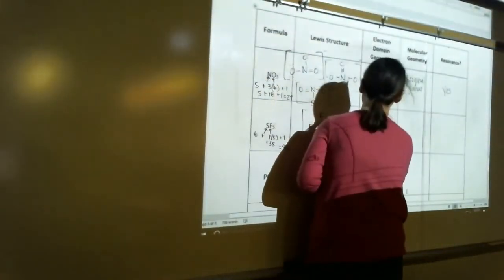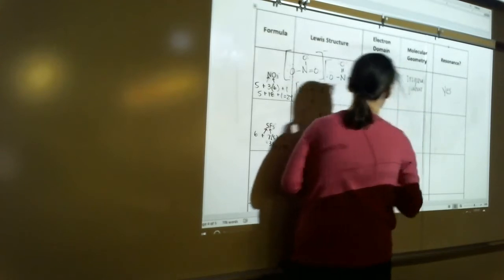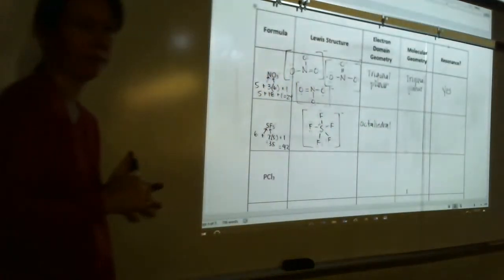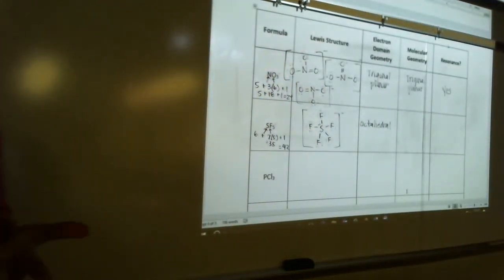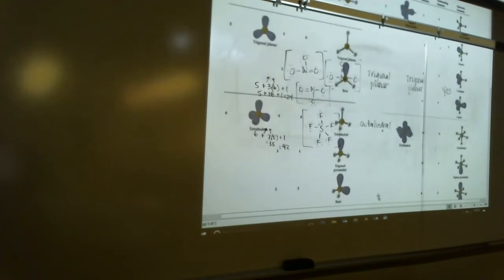Octahedral. But now we have to ask ourselves, is there a lone pair on the central atom? Yes, that changes the molecular geometry, doesn't it? Because that lone pair is going to occupy space. So what molecular geometry is that? Square pyramidal, right? That lone pair is going to occupy space down here.